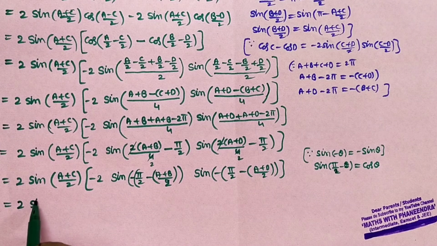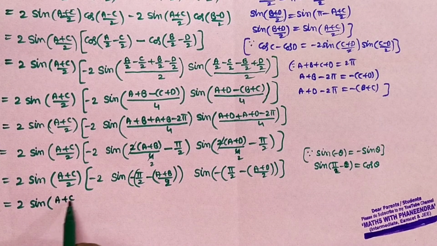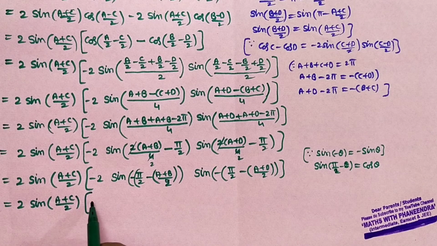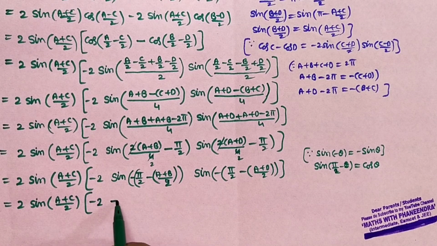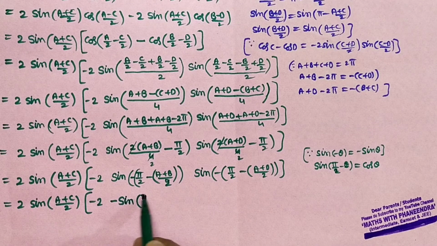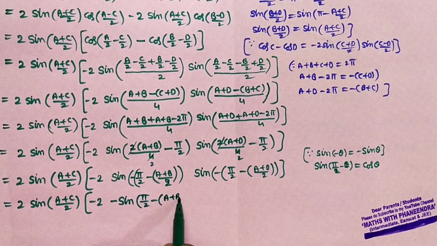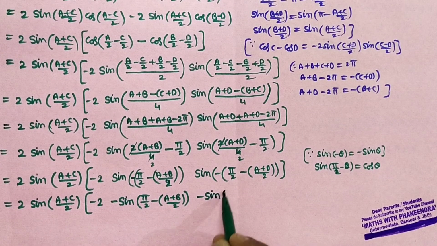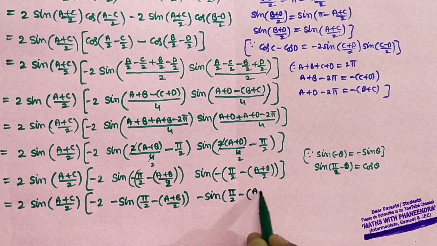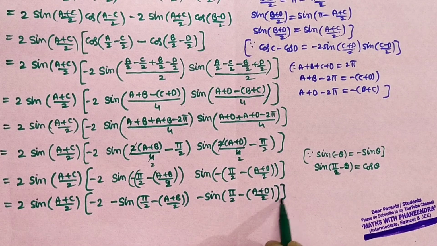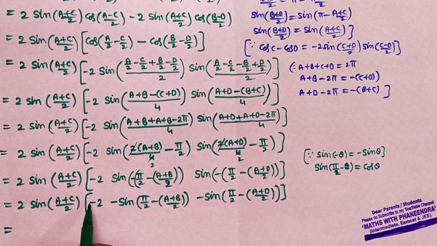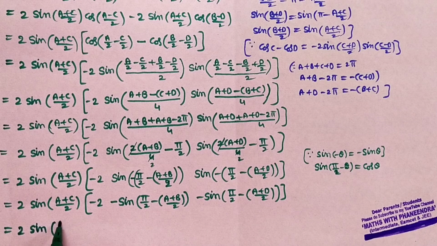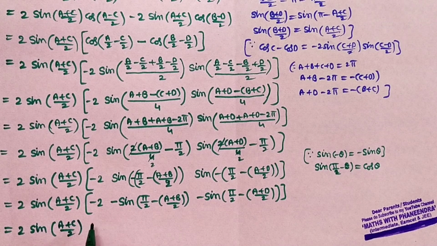So 2 into sine of (a plus c)/2 minus 2 into sine of minus theta, minus sine of pi by 2 minus (a plus b)/2, sine of minus of, so minus sine of pi by 2 minus (a plus d)/2. So minus into minus plus, here also minus. So 2 into sine of (a plus c)/2, minus into minus is plus.